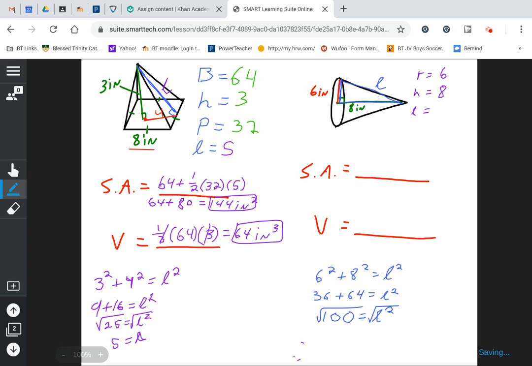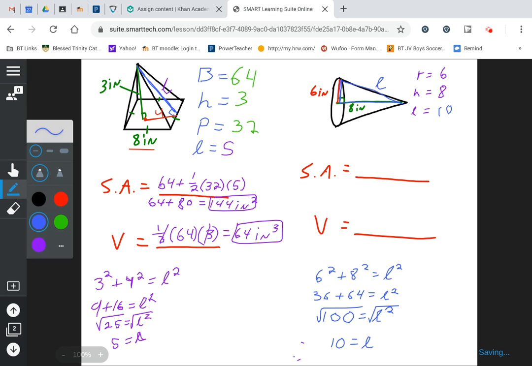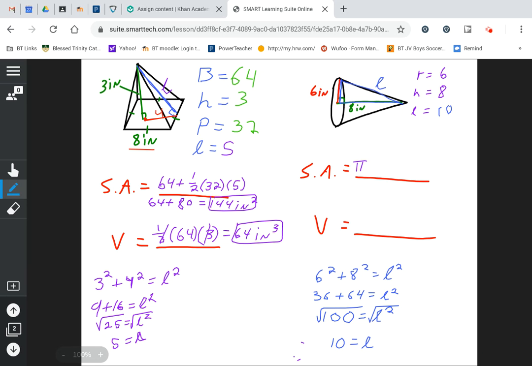Square root that, and we get L is 10. All right, so now we can do our formulas. For surface area, it's pi times R squared, so 6 squared, plus pi times the radius, which is 6, times L, which is 10. So that gives me 36 pi plus 6 times 10, which is 60 pi.